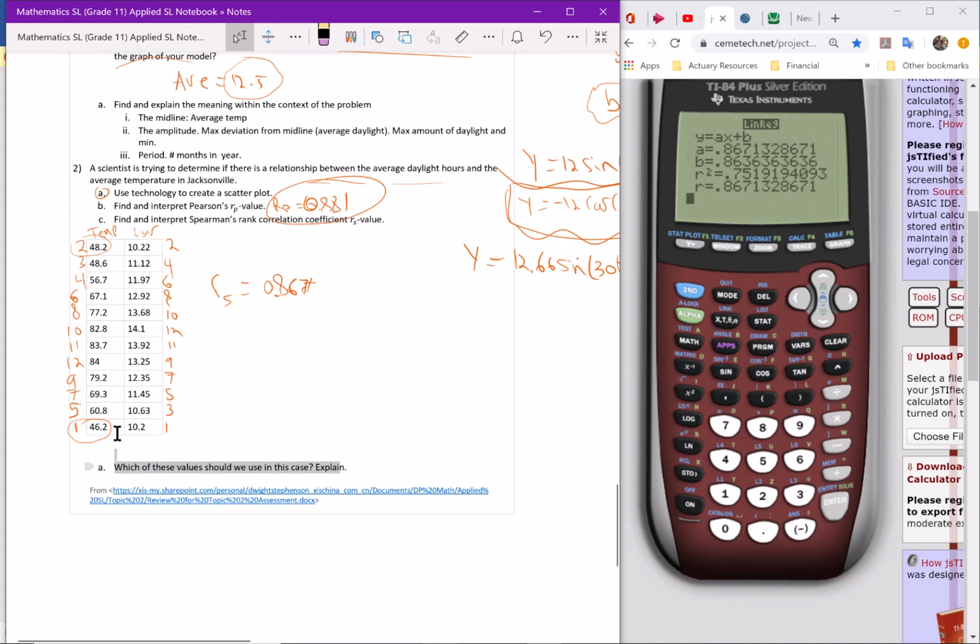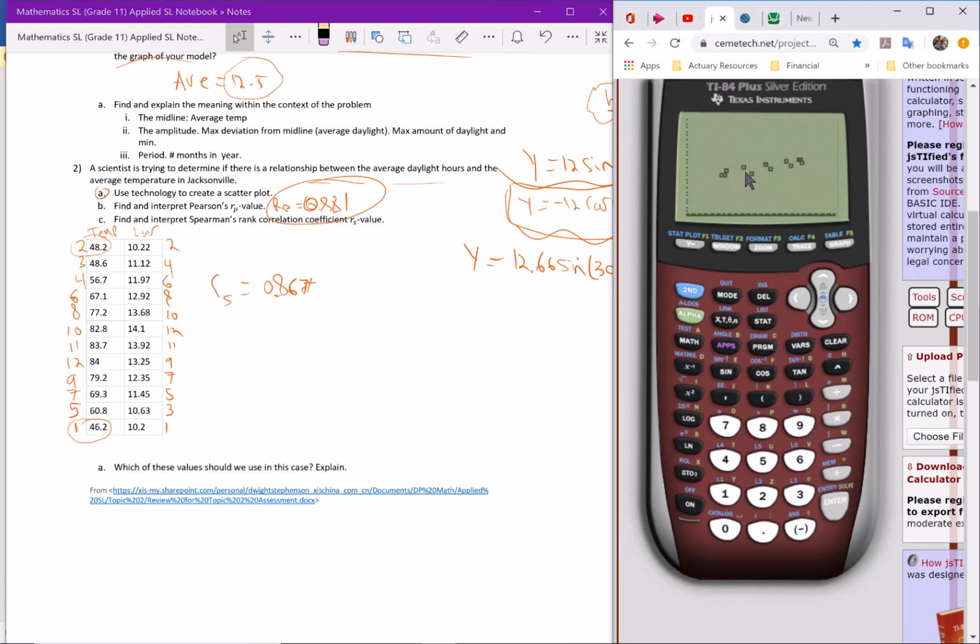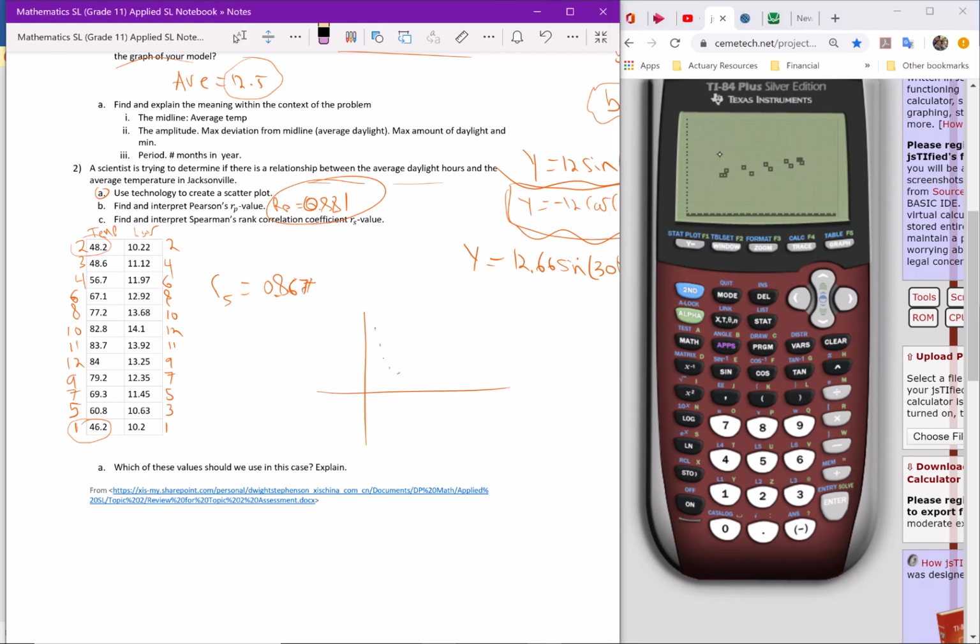Which one should I use in this case? Well, again, Pearson's is for linear, Spearman is for non-linear, and these look very linear, right? They look aligned, therefore I should use Pearson. If I had a curve of dots, maybe something like this, then I should use Spearman.